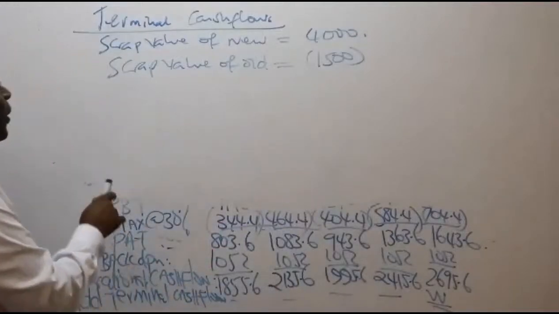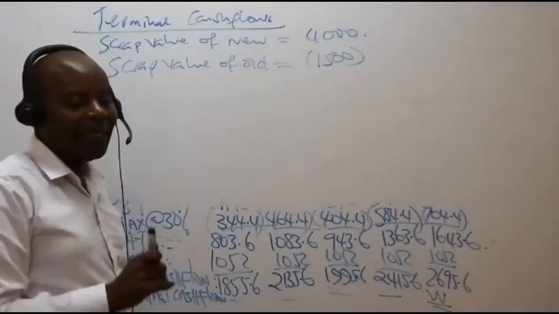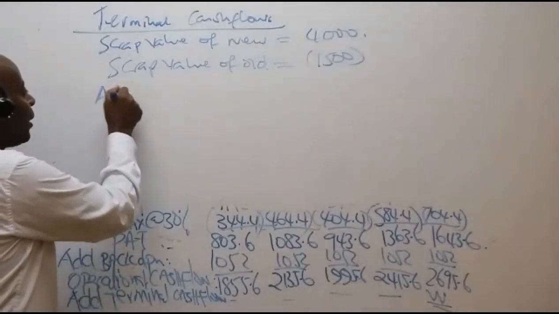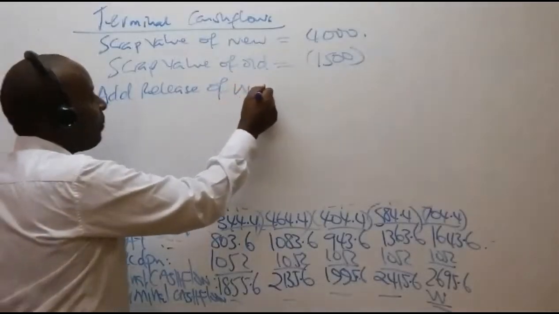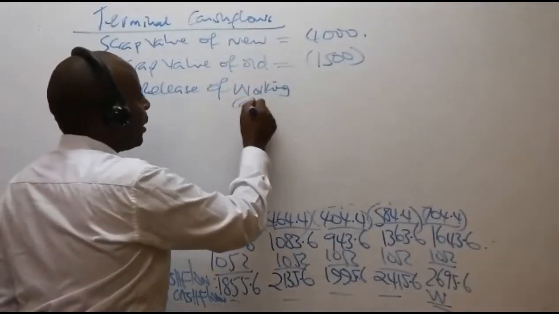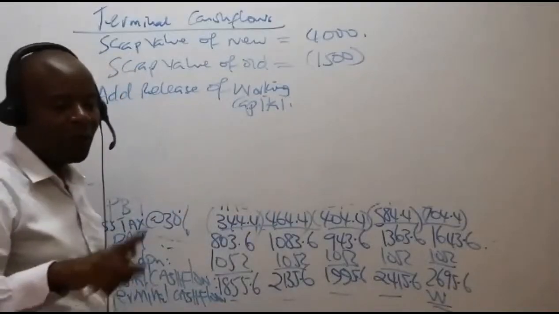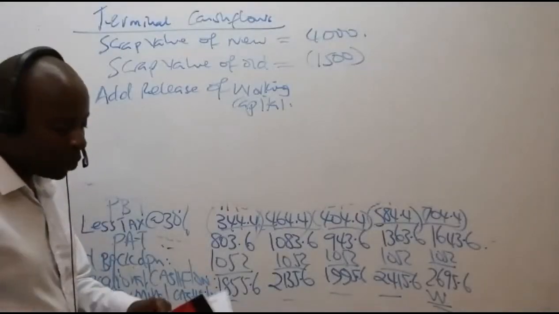Then, ladies and gentlemen, when we terminate this, we have working capital being released. So add release of working capital. Remember, working capital is normally injected at the beginning of the period and it's normally released at the end.